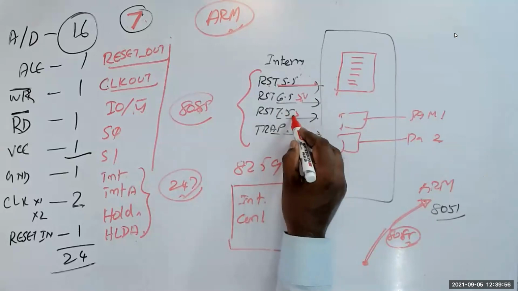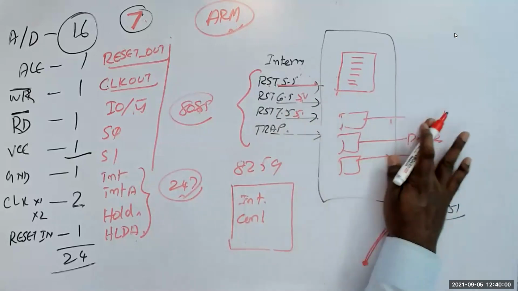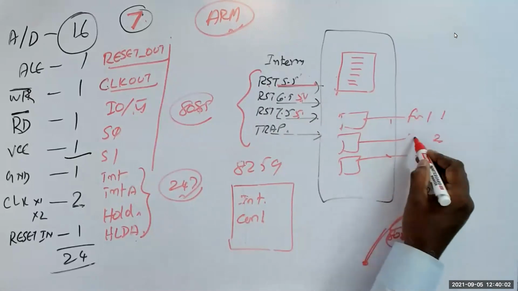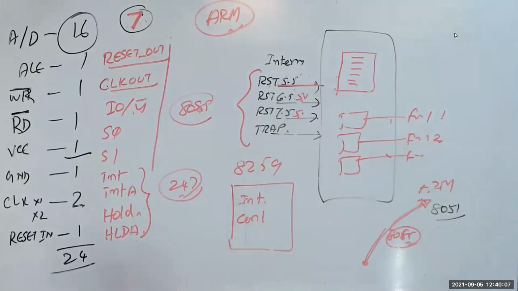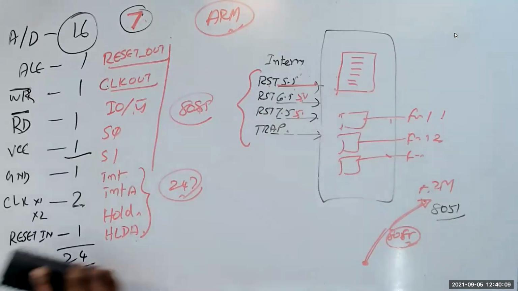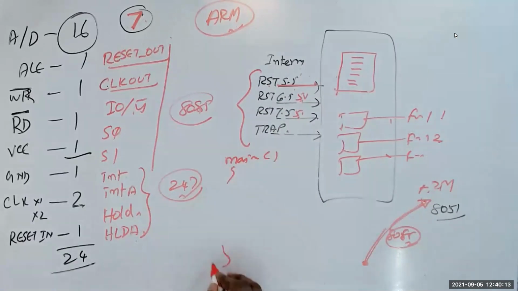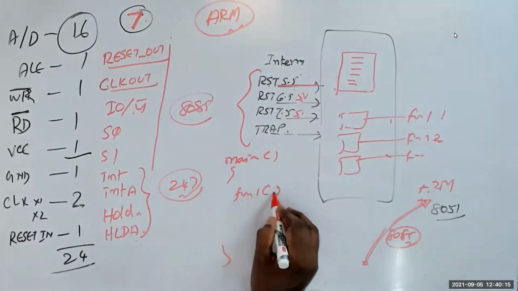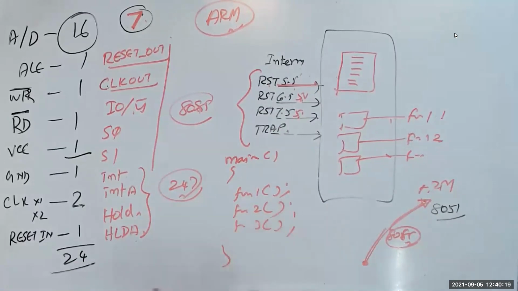That means I have 3 functions: function 1, function 2, function 3. When I call a function, you generally do it from main. You call function 1, function 2, function 3. Am I right?